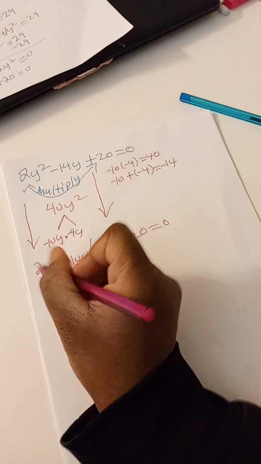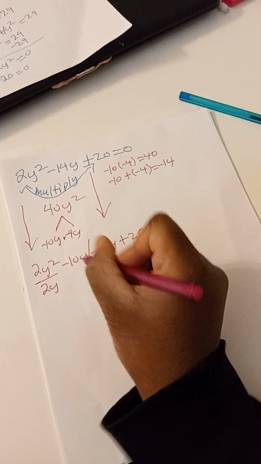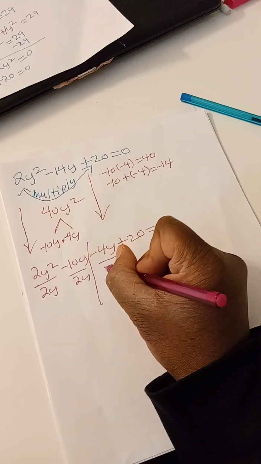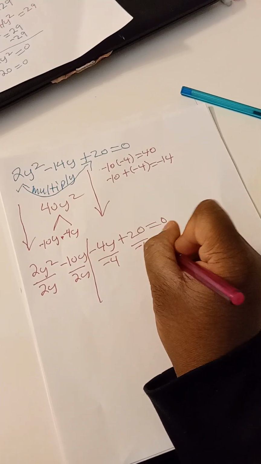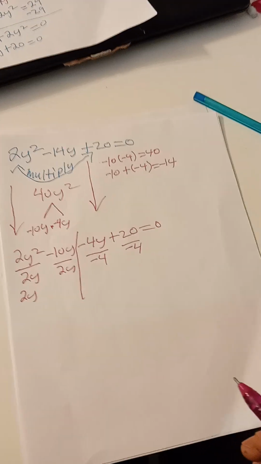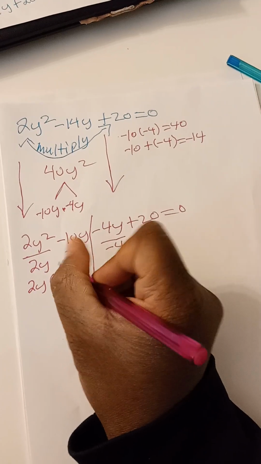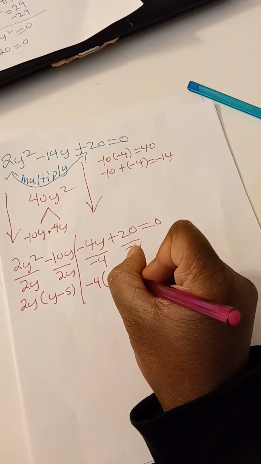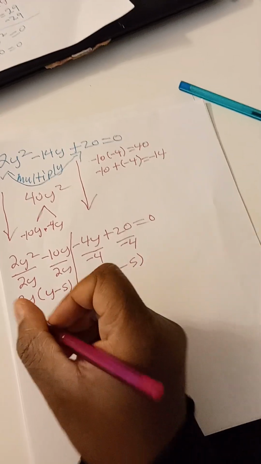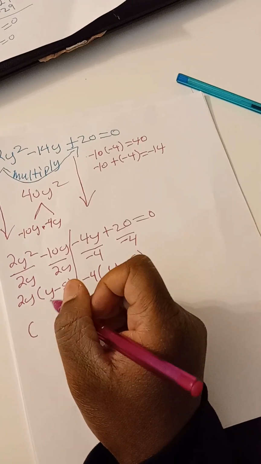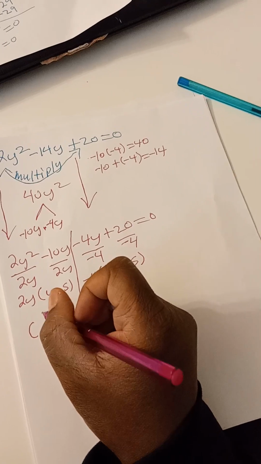Split this in half, and on the left-hand side they both have a 2y in common, and on the right-hand side they have a negative 4 in common. When we pull a 2y out on the left-hand side of the divider line, we will be left with y minus 5. When we pull out a negative 4 on the right-hand side, we will be left with y minus 5. So the greatest common factor is y minus 5, also known as the GCF for the acronym.